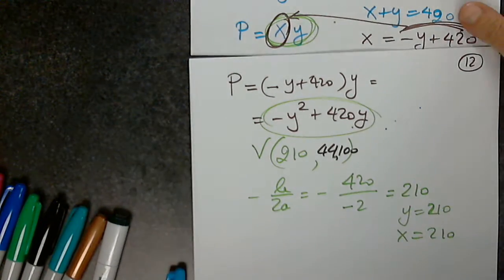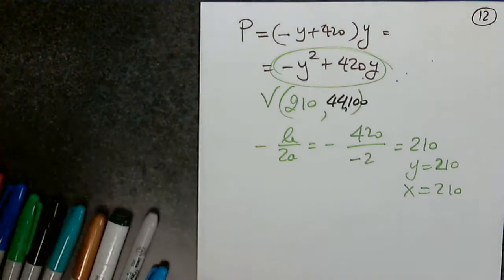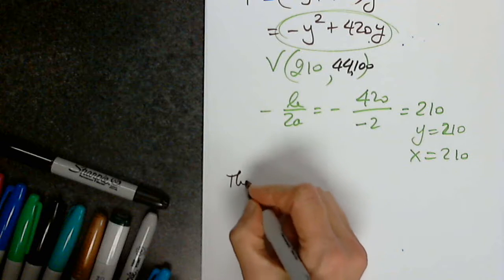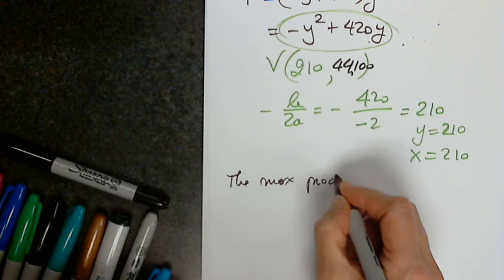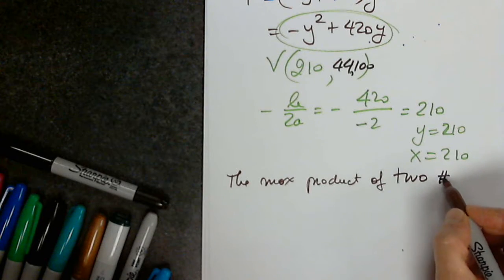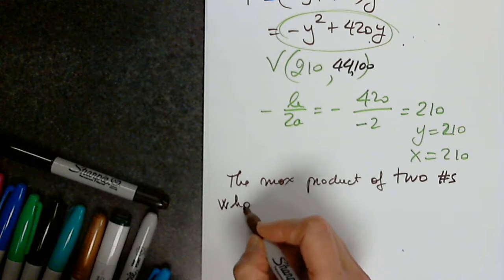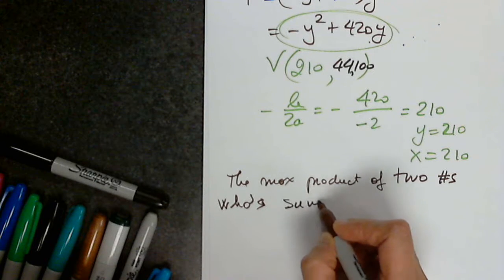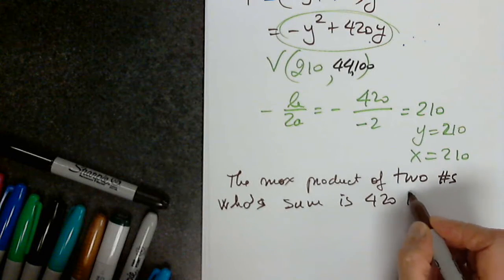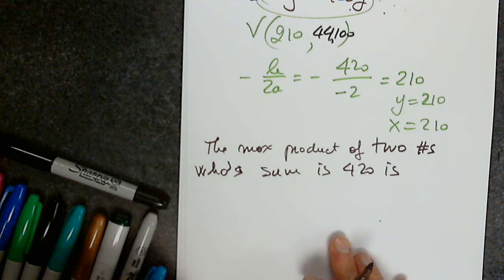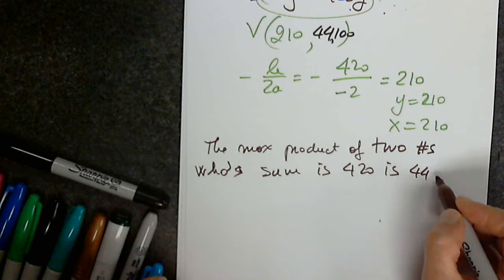I have to write the conclusion of the problem, or the solution if you want. Here's how I write it. The maximum product of two numbers whose sum is 420 is the maximum product $44,100.